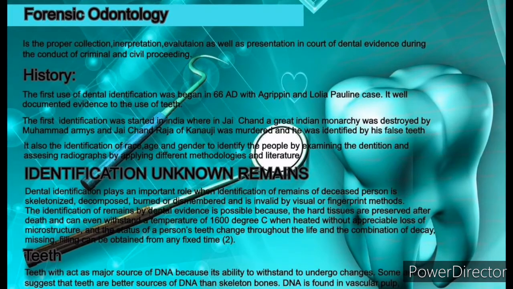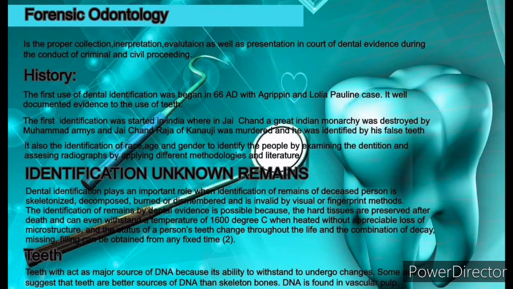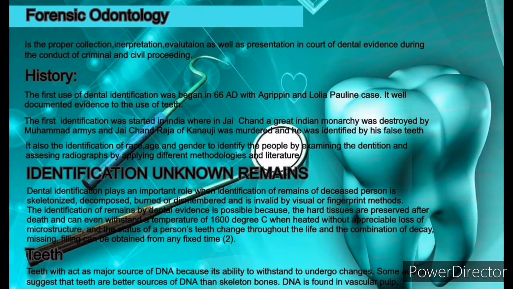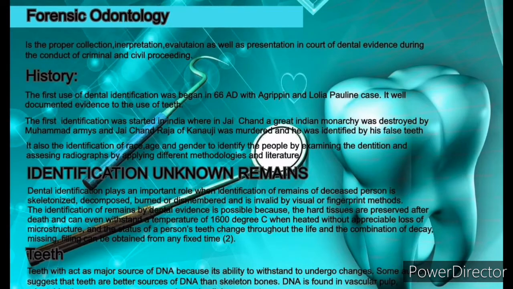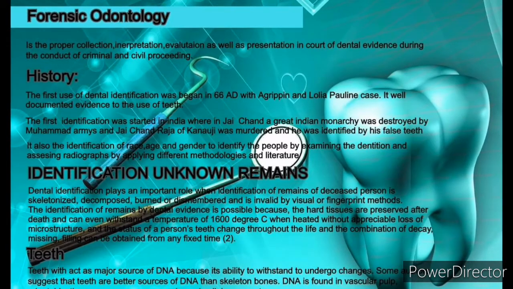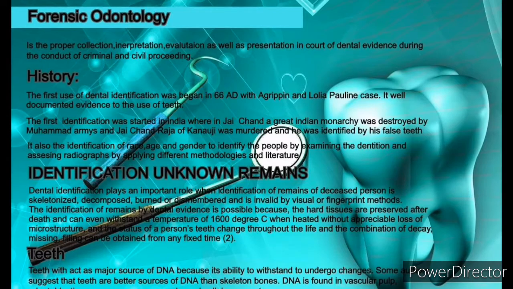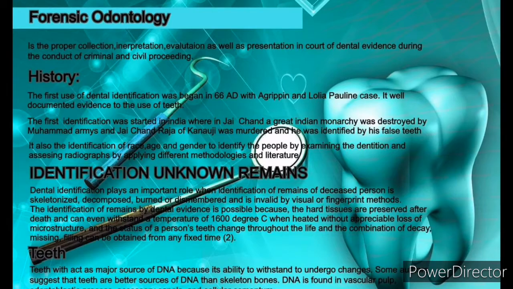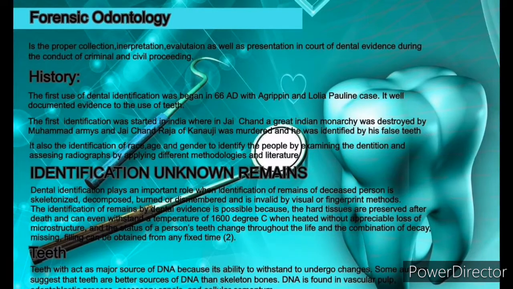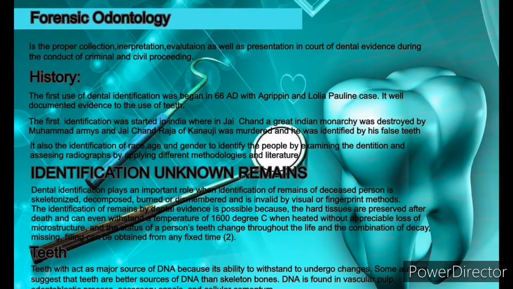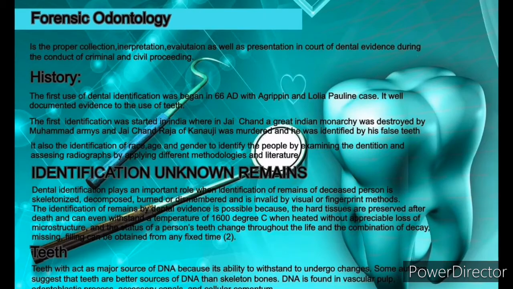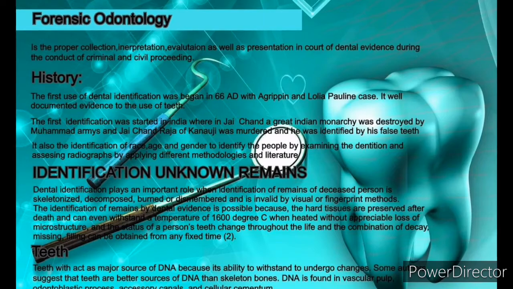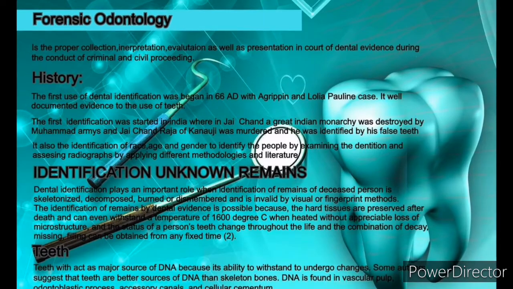The identification of remains by dental evidence is possible because the hard tissues are preserved after death and can even withstand a temperature of 1600 degrees Celsius without appreciable loss of microstructure, and the status of a person's teeth changes throughout life, and the combination of decay, missing teeth, and fillings can be obtained from any fixed time.